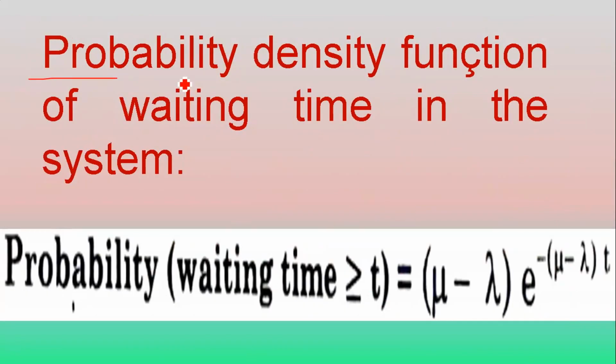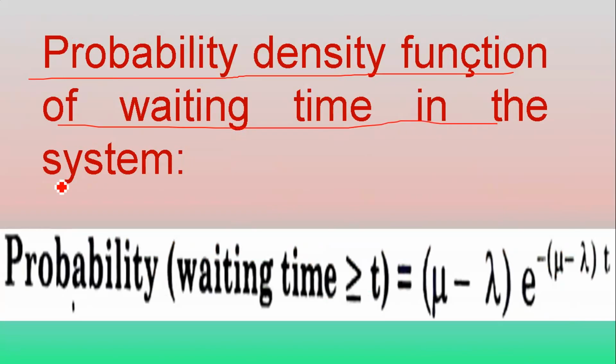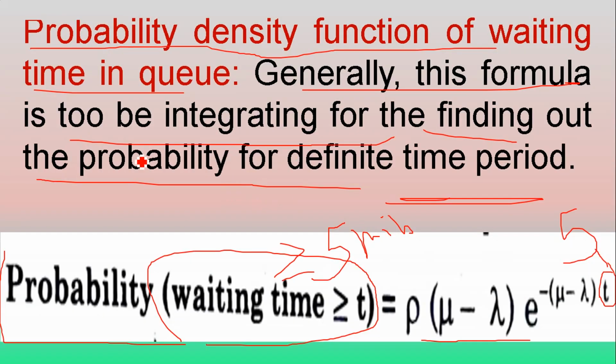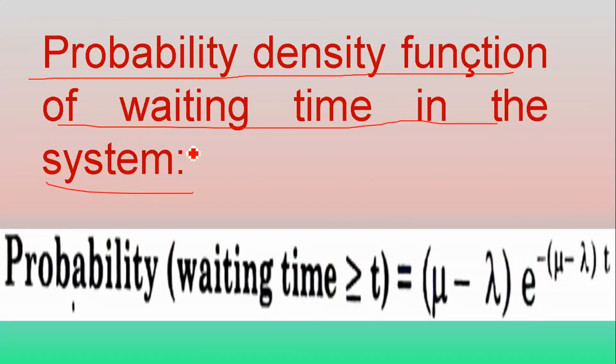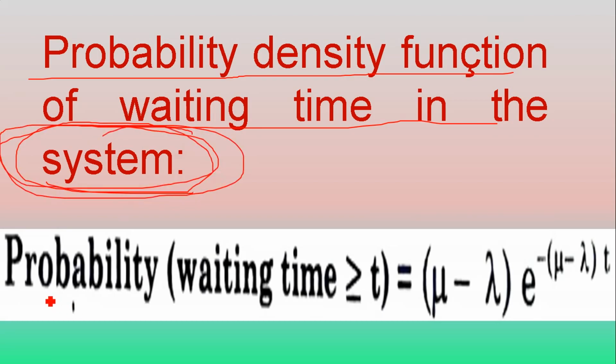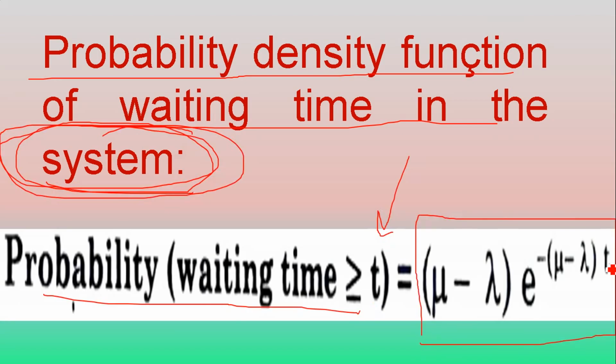After that, probability density function of waiting time in the system. There is one more formula. This was the formula for waiting time in the queue. Here also keep in mind this was the formula for waiting in the queue. ये फॉर्मूला क्यू में वेटिंग करने के लिए था और ये फॉर्मूला सिस्टम में वेटिंग करने के लिए दिया गया है. तो probability waiting time greater than or equal to t in system, that will be mu minus lambda into e to the power minus mu minus lambda into t, right?